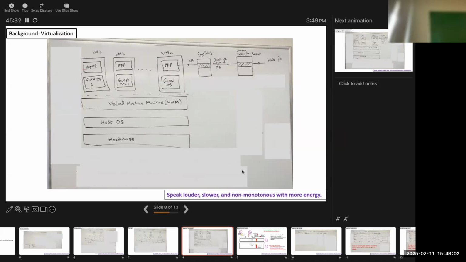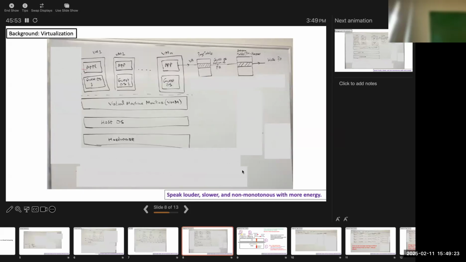The shadow table, which is needed only in a virtualized environment, is also located in memory. And remember, you need these two tables per process. Now consider you have multiple processes running on each virtual machine, and multiple virtual machines running on the same machine. So there are so many tables, right?